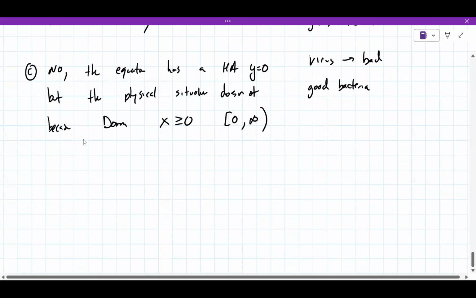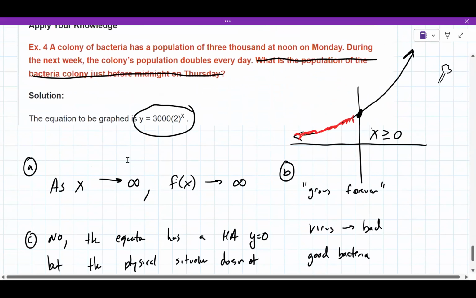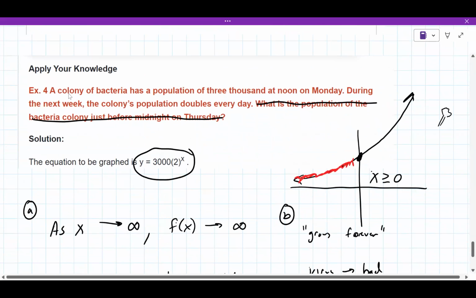All right, so part D is this question about how many bacteria were present on Monday at noon. If you go back to the original problem, it says a colony of bacteria has a population of 3,000 at noon on Monday. So that's the starting point. They're saying it's 0, 3,000 is your starting point.